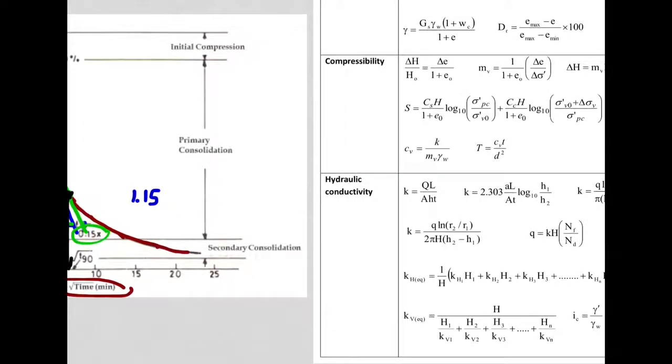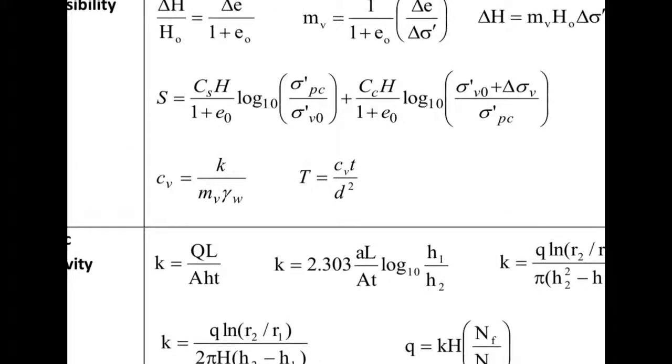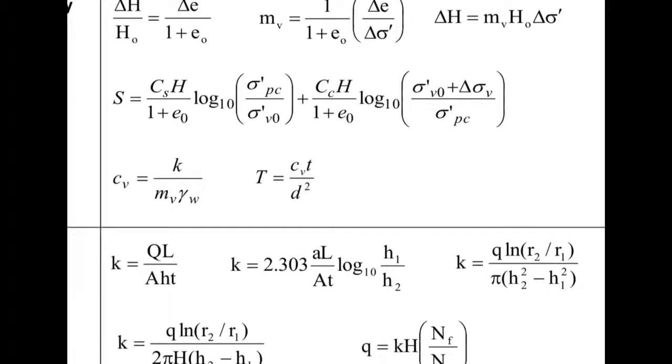We have this equation, where we know the time for 90% degree of consolidation. The drainage length should be about 10 millimeter. Why 10 millimeter?